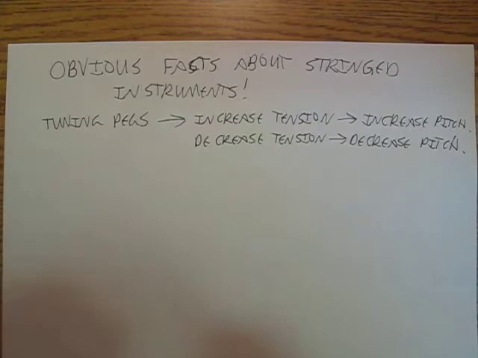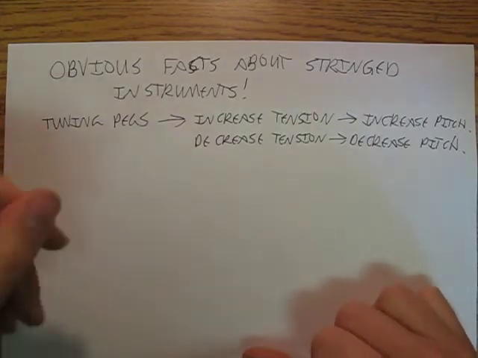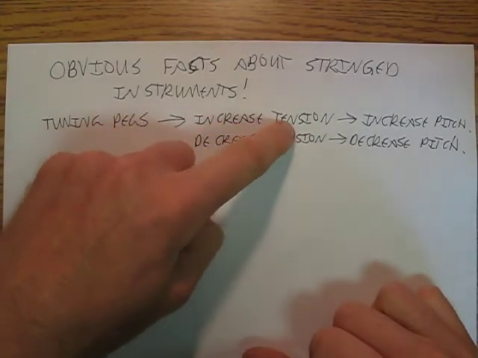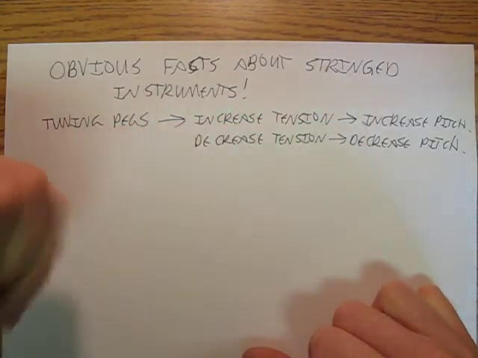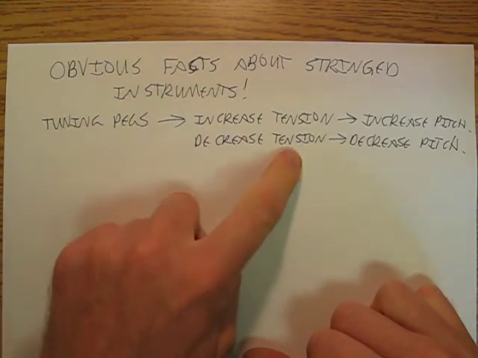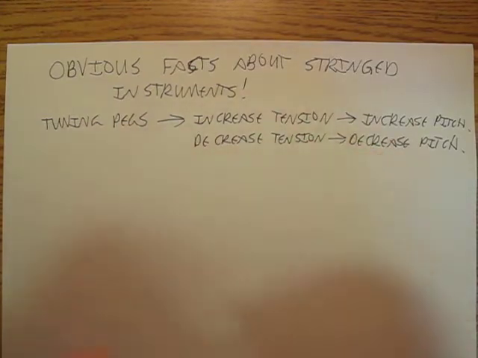You've got a tuning peg, and if you turn it one way, you're increasing the tension in the string, and that's going to make the tone that the string makes go up. And if you lower the tension in the string, that decreases the pitch.